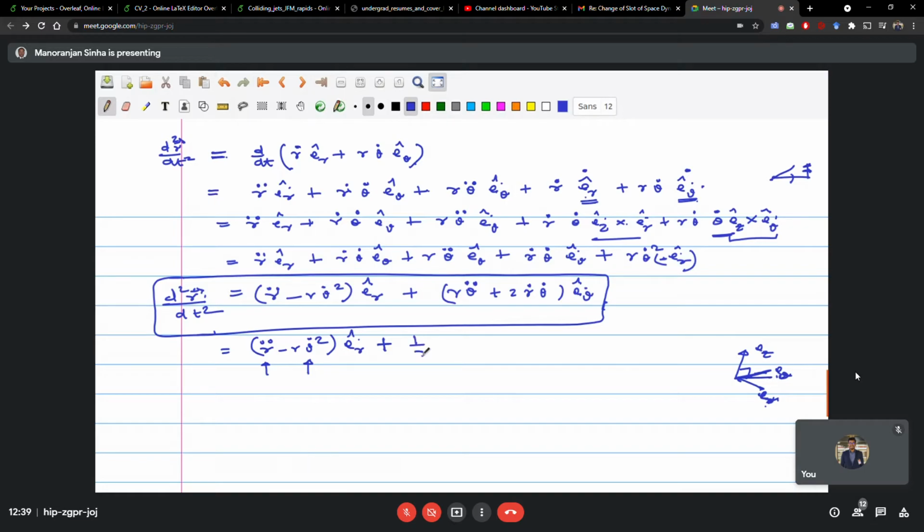And this term can be written as 1 by r d by dt of r square theta dot, in the theta cap direction.